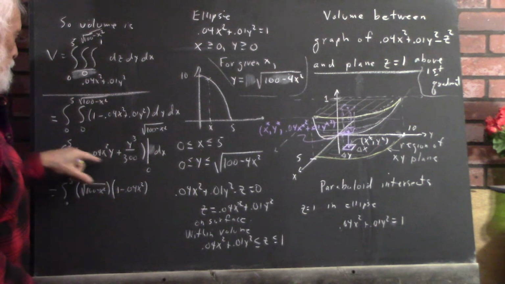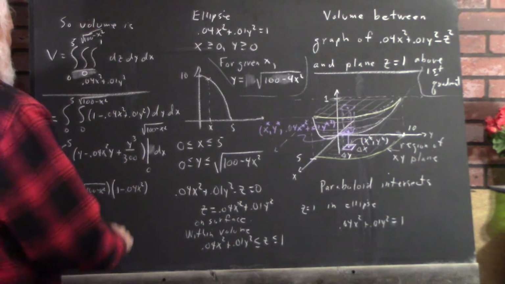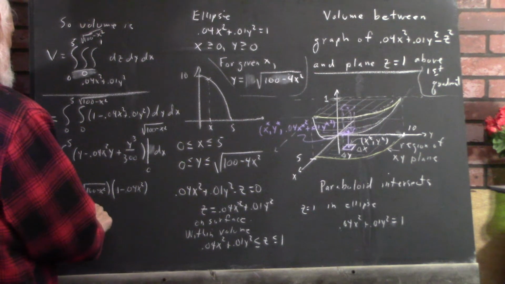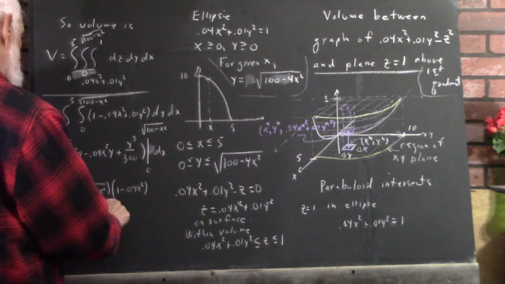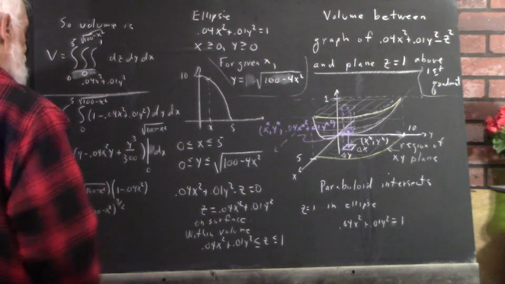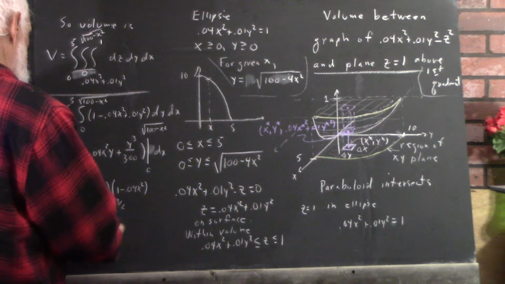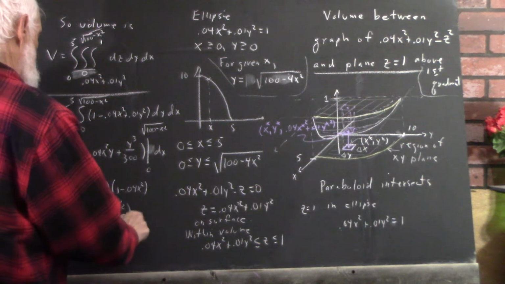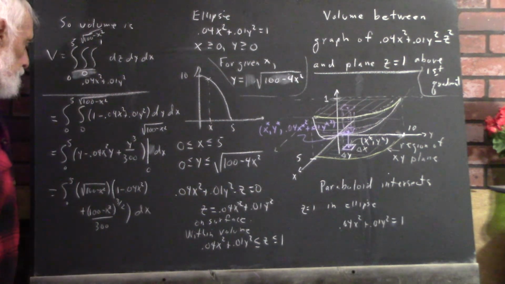Okay, now factoring the y out of these, I get the square root of 100 minus x squared times this expression, minus the 3/2 power of the square root of 100 minus x squared over 300, and that has to be integrated with respect to x.